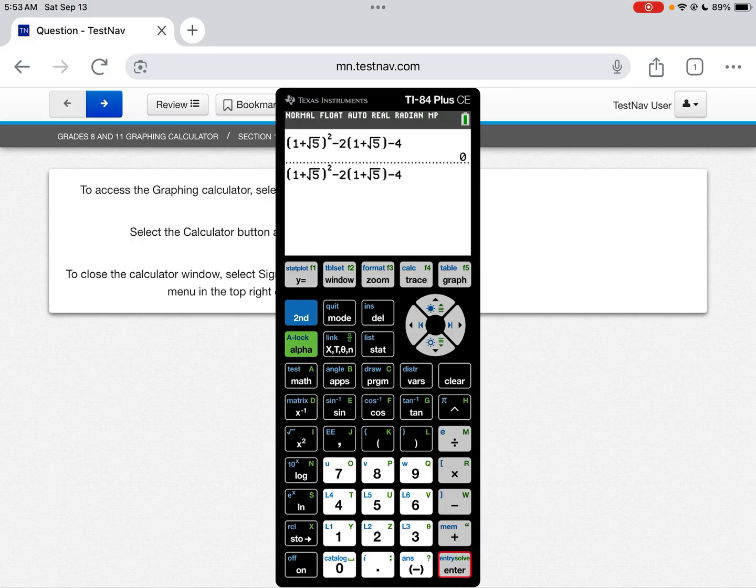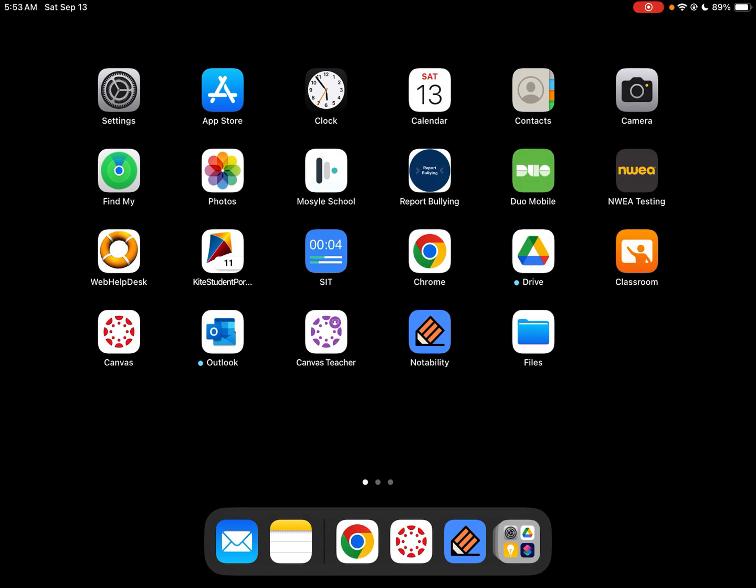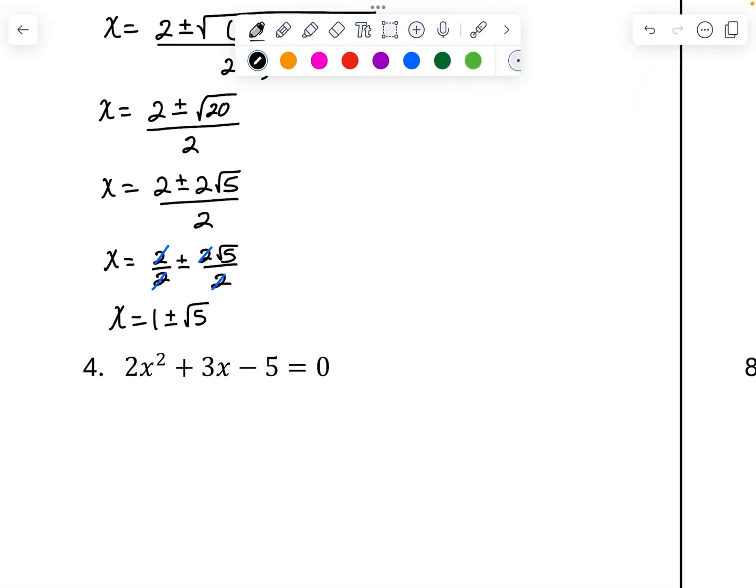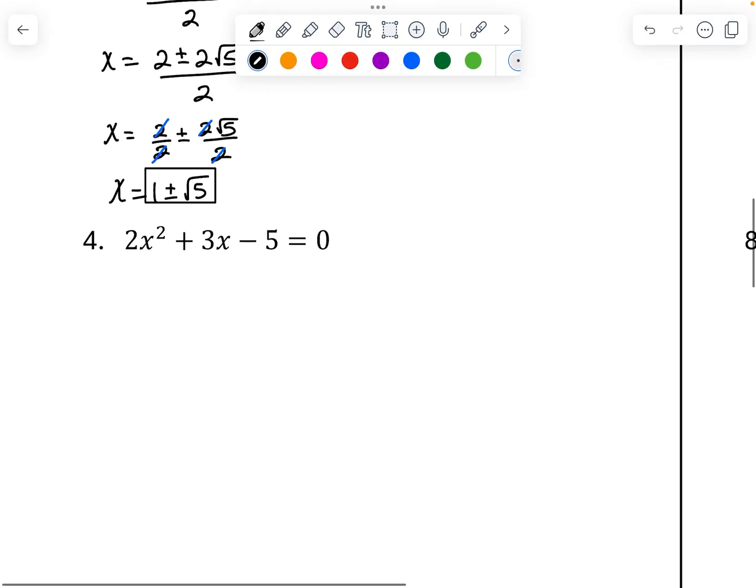And if you change them to the minuses, it works. So that's your answer. And since it's an irrational answer, you just type it just like that in Canvas. Call her done. All right, last one of these.